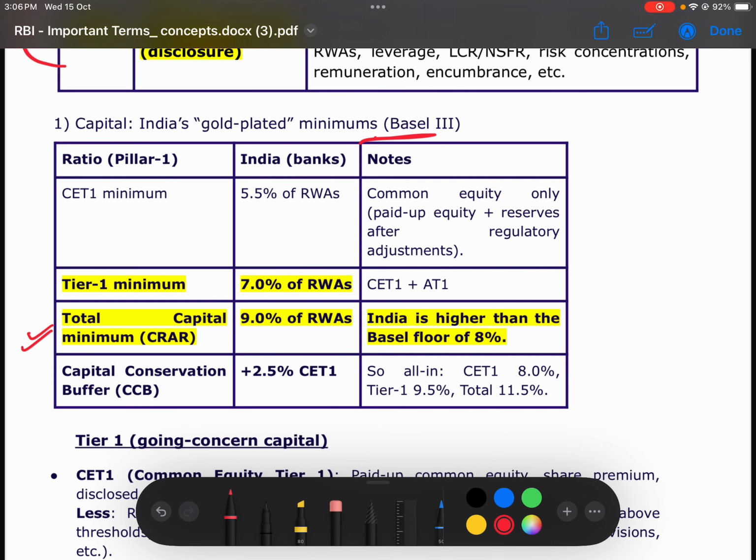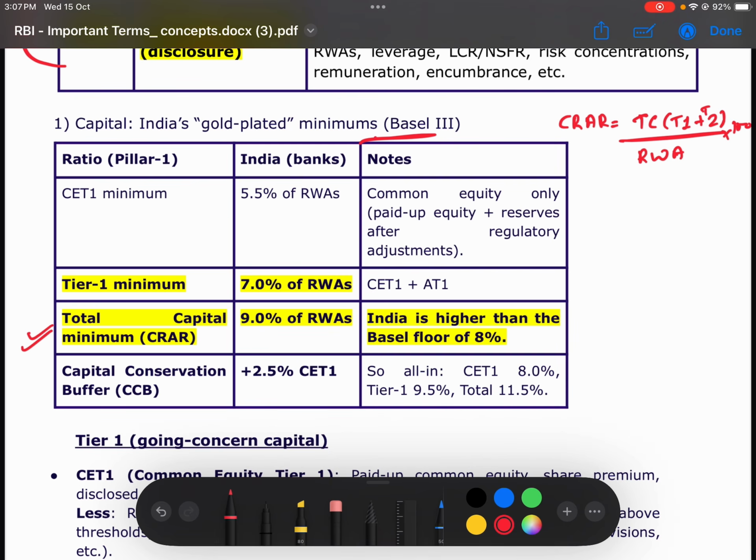If you want the formula, it is total capital, in which there are 2 types of capital, tier 1 and tier 2, divided by risk weighted assets, multiplied by 100. So we won't go much deeper in it.